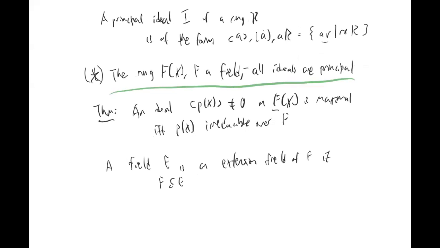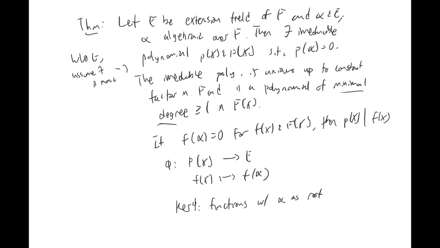The kernel is always an ideal, so it's generated by one element, P of X. Some books will write it like this, but either way, it's the set of P of X times G of X, such that G of X is in F of X. It's a principal ideal.